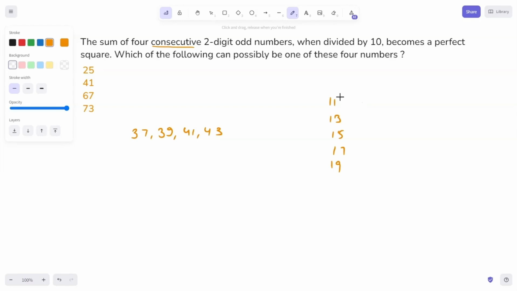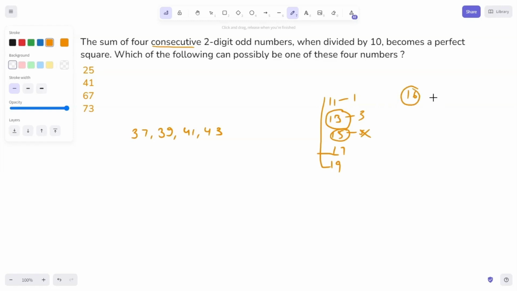This is an odd number ending with 1, this one ends with 3, but this one ends with 5, so we will not include it. If I do the sum of these 4 numbers, 7 and 5 equals 12, 15 and 16.